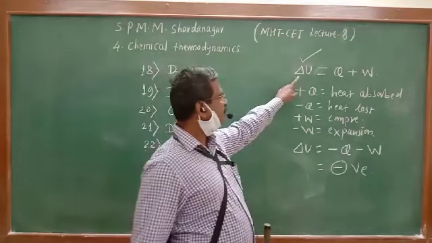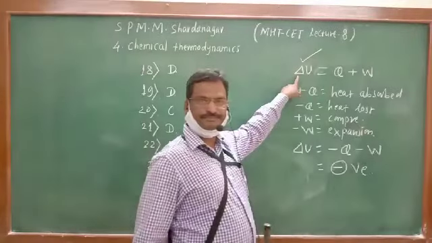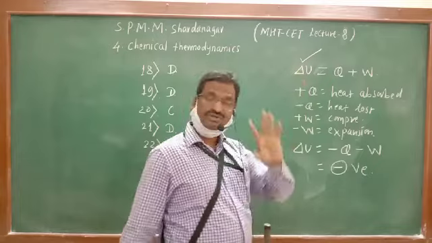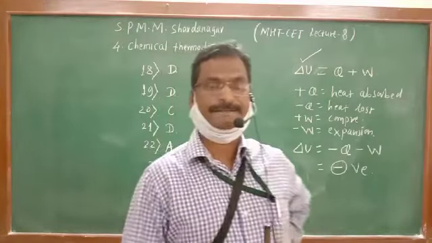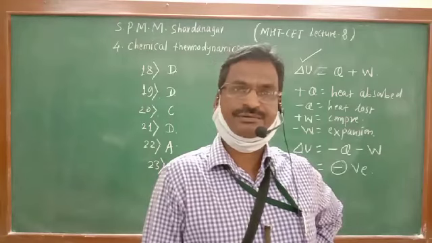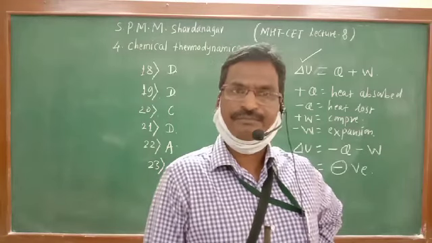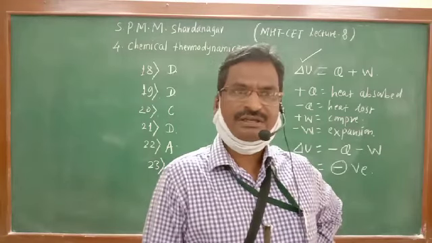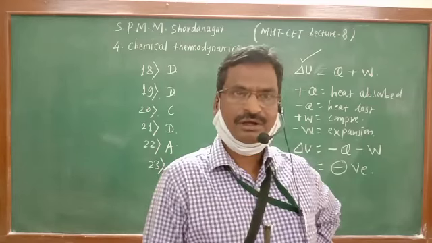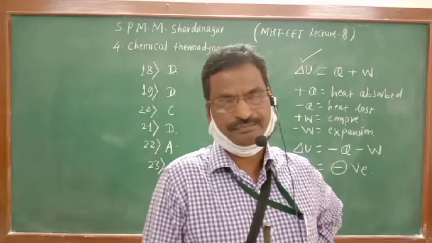This is the first law of thermodynamics equation. We have seen 7 types of processes: isothermal, isobaric, isochoric, adiabatic, cyclic, reversible, irreversible.